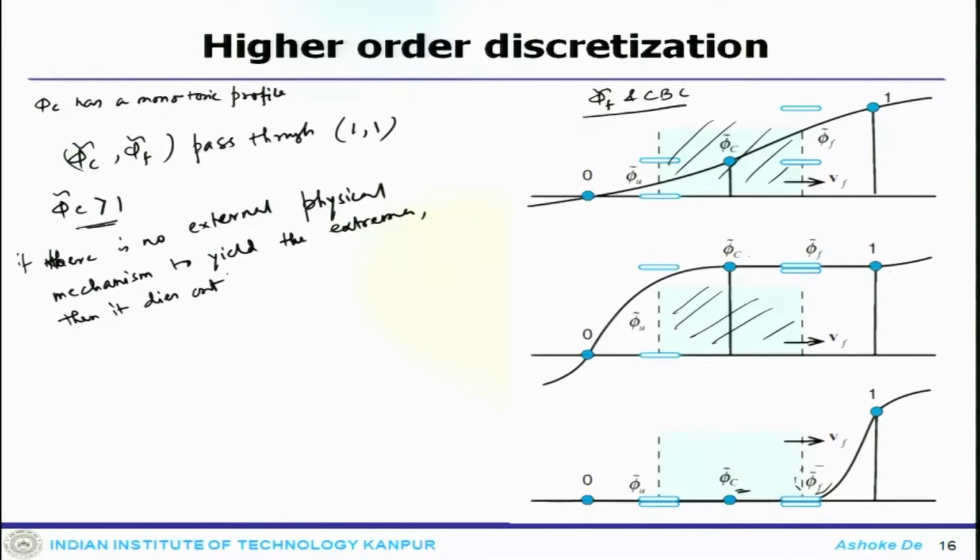A similar mechanism takes place when phi c tilde is less than 0.